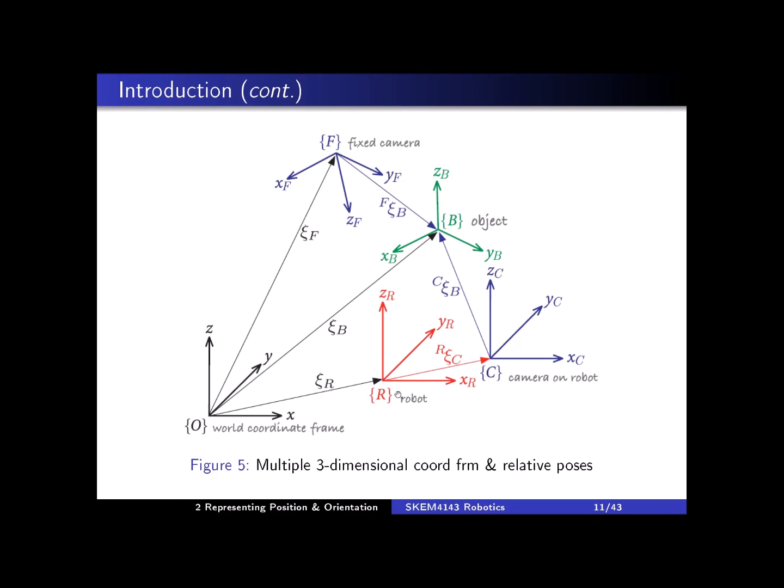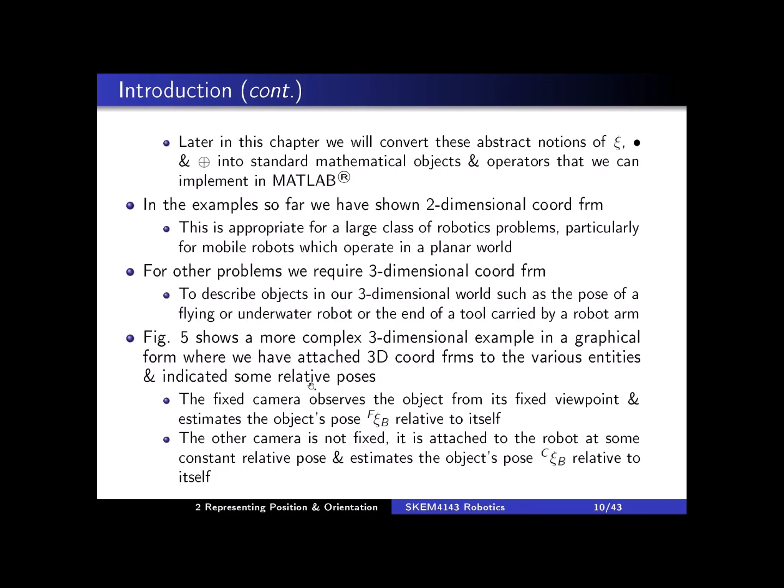Similarly, the position and orientation is labeled as psi, and because it's always relative, either to the world coordinate frame or to another coordinate frame, we have a subscript and a leading superscript. So psi BC is the pose of B with respect to C, and so on. Let's see what's happening here.